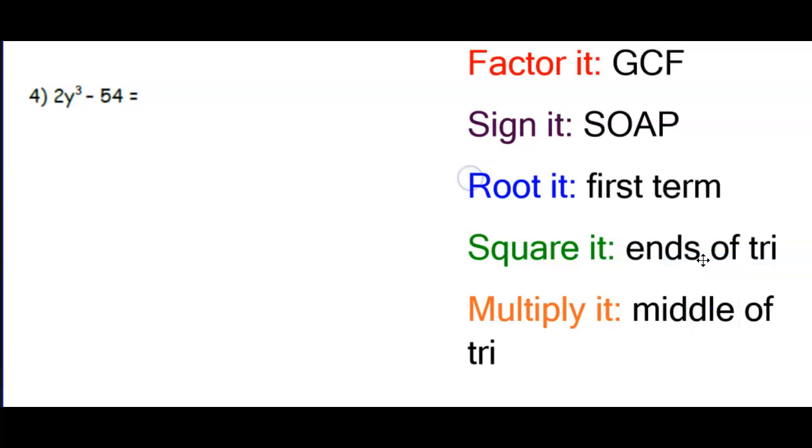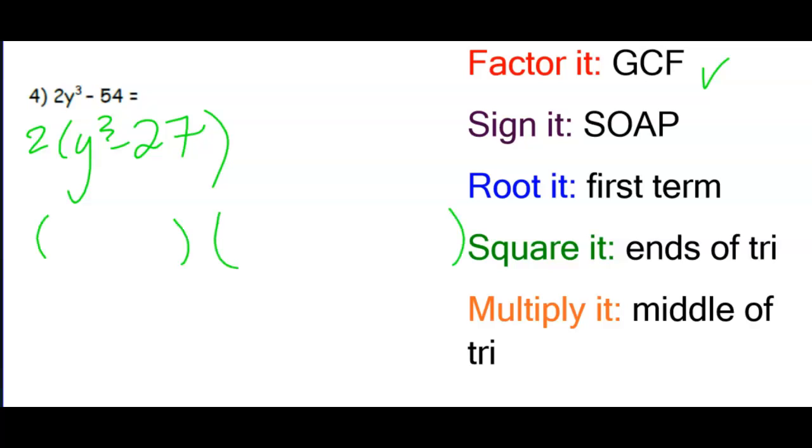Make sure you always find those and factor that out. So we're going to factor a 2 out. And then what do you know? It's factorable. You have a difference of 2 cubes. So we factored out a GCF. Let's go ahead and set up our signs. So minus, plus, plus.